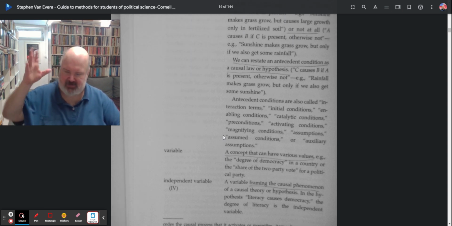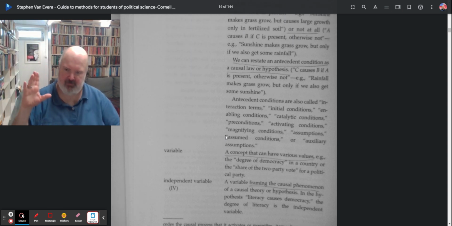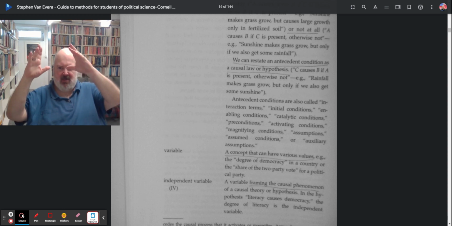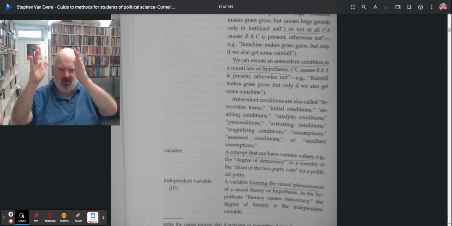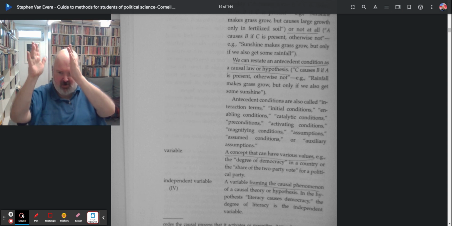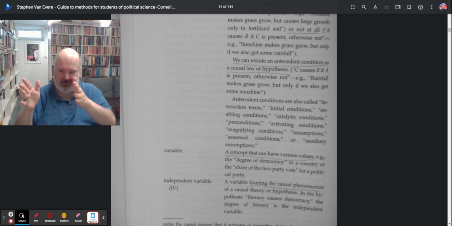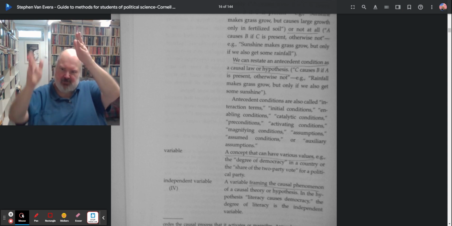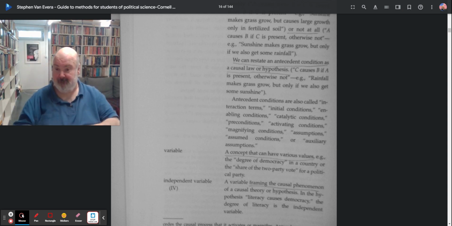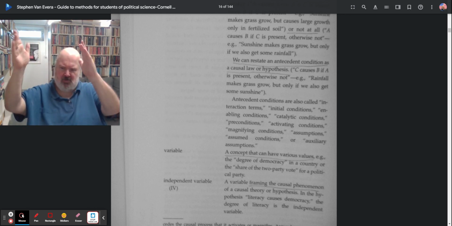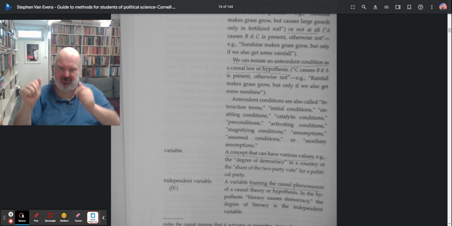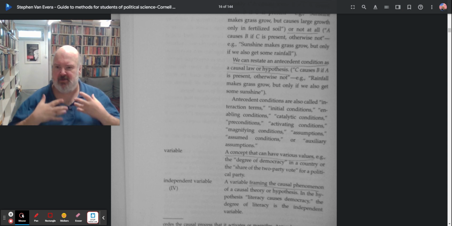Now we have the main products of theories: causal laws, explanations, and antecedent conditions. Theories are composed of all three: a hypothesis or causal law, an explanation, plus an antecedent condition. These are the parts of a theory.